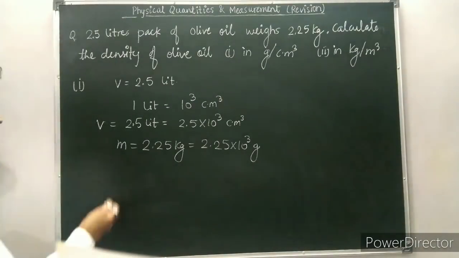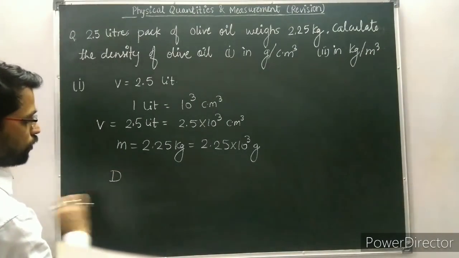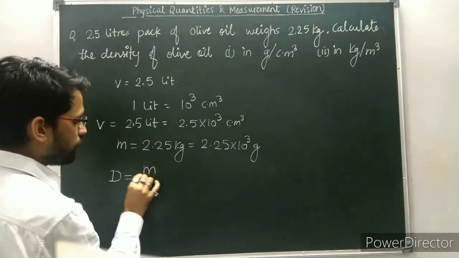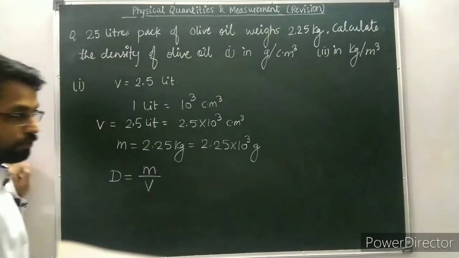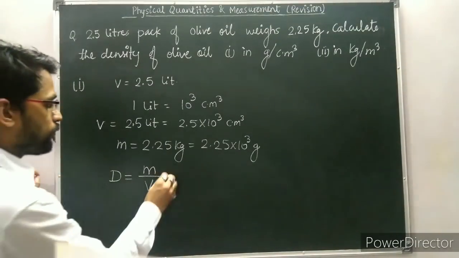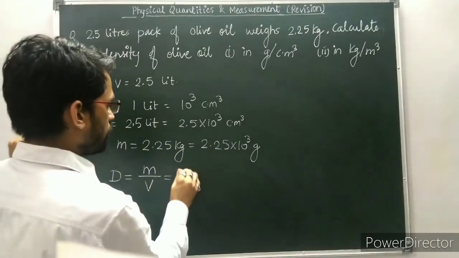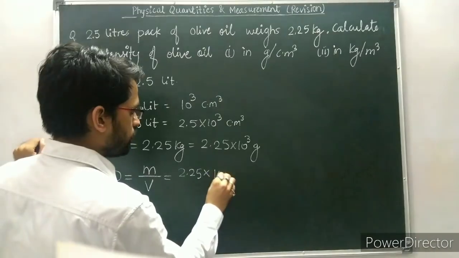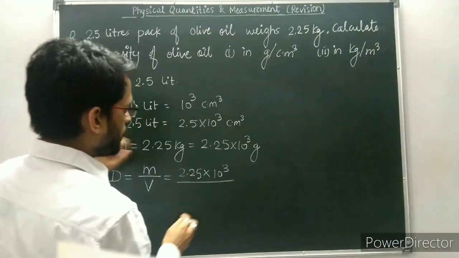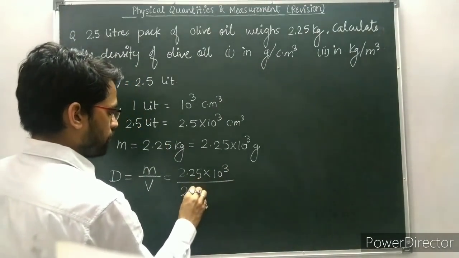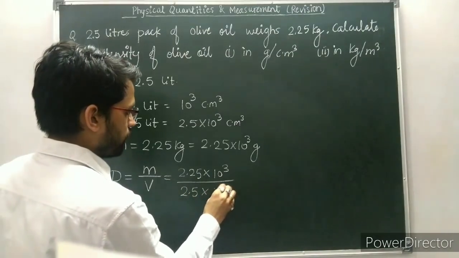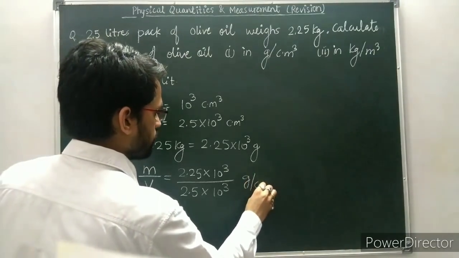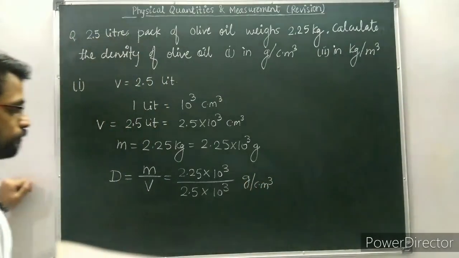Now put the values in the density formula. Density of the olive oil is equal to the mass of the olive oil divided by the volume of the olive oil. Mass is 2.25 into 10 to the power 3 divided by 2.5 into 10 to the power 3, and this is in gram per centimeter cubed.